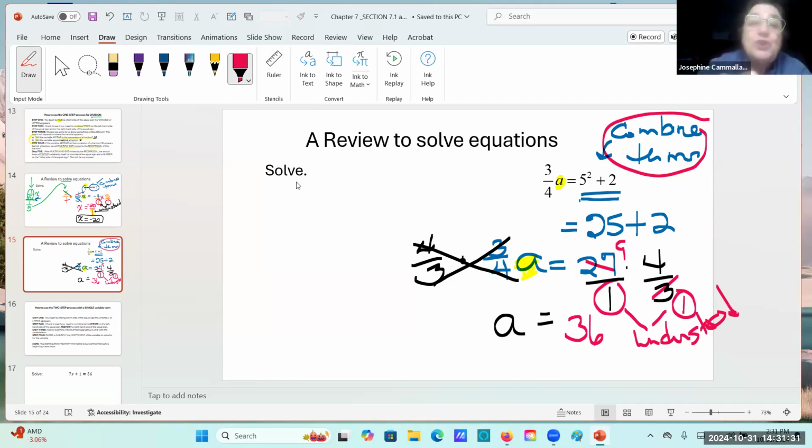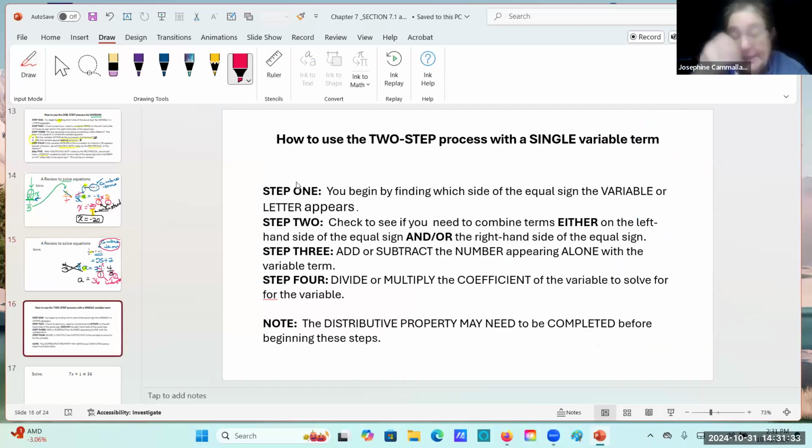Now, in 7.2, we introduce you to the two-step process. Now, again, we're going to find the variable. The variable is not going to move except if I have more than one variable. And I'm going to have to show you that in a minute. Okay. Then we're going to add or subtract first. That's the catch.